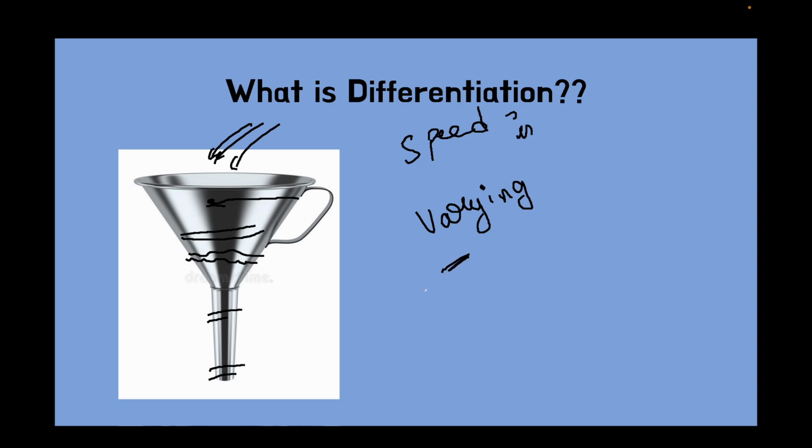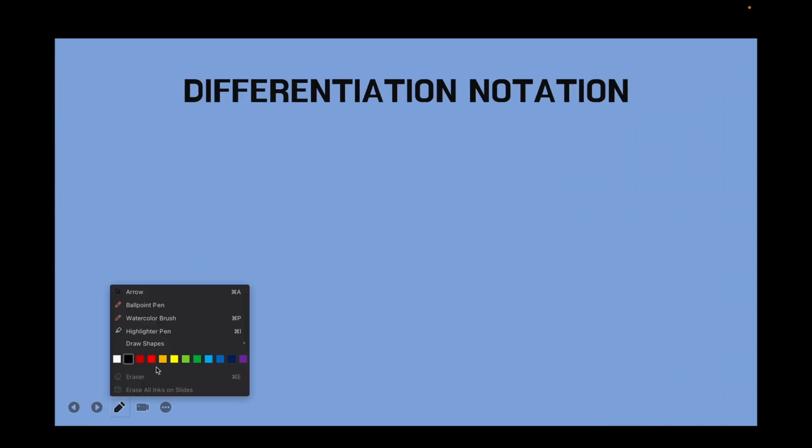Now, because the speed is varying, if I ask you to find a speed of water at certain point, how will you do? You will use the help of differentiation. Clear? Okay. Now, how is it represented? See, differentiation of a function with respect to x is represented as d by dx.